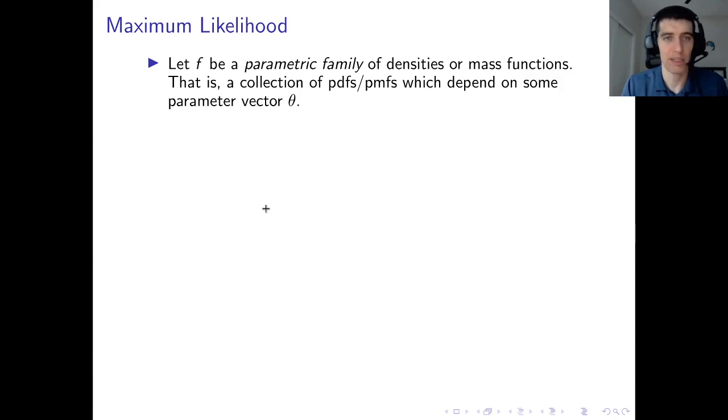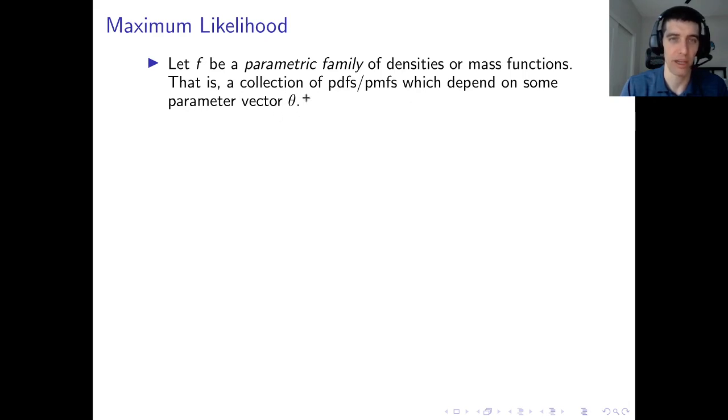Okay, so let's talk about maximum likelihood generally. I'm going to let F be what's called a parametric family of densities or mass functions. Densities in the continuous case, mass functions in the discrete case. And so a parametric family is a collection of either densities or mass functions which depend on some parameter vector.